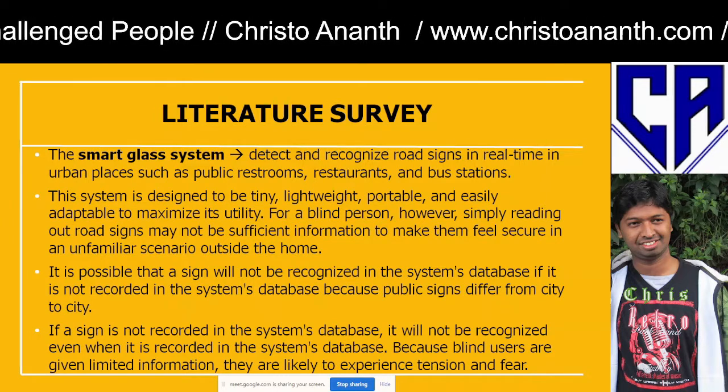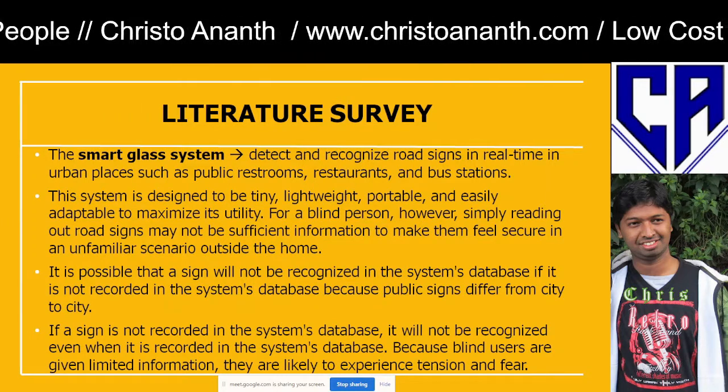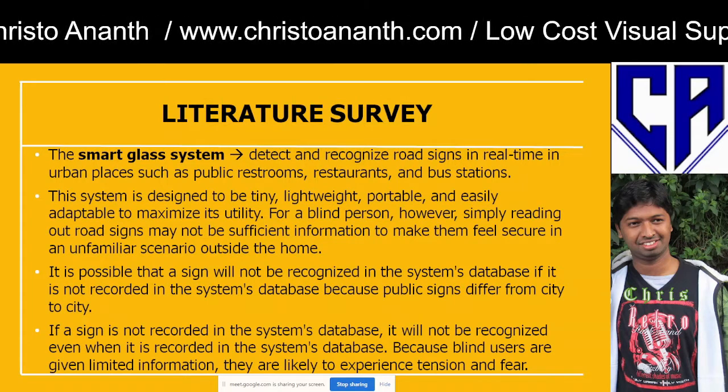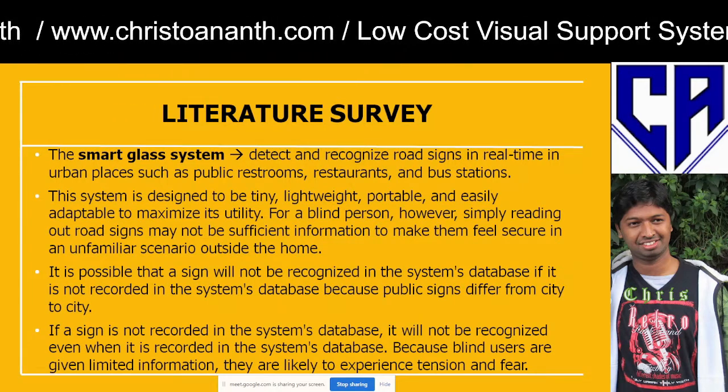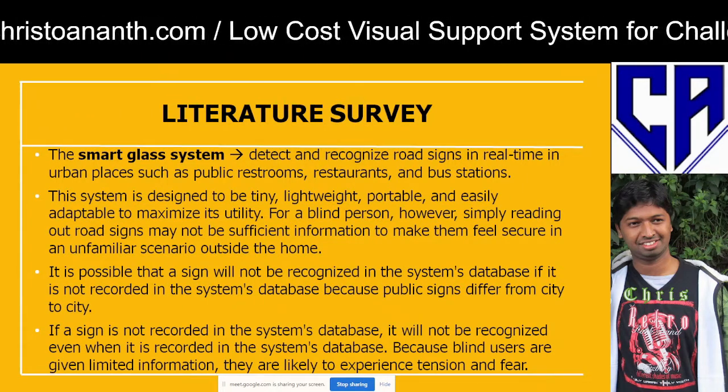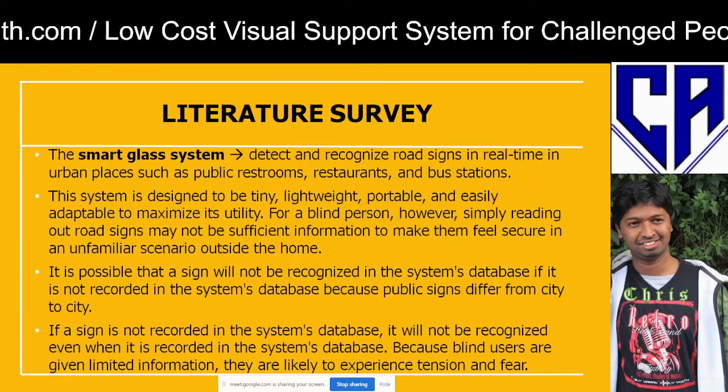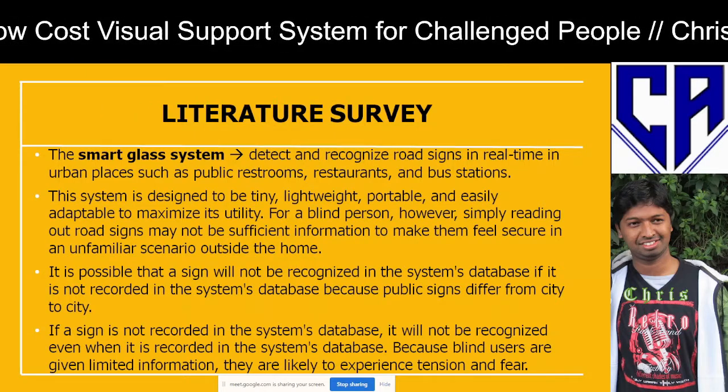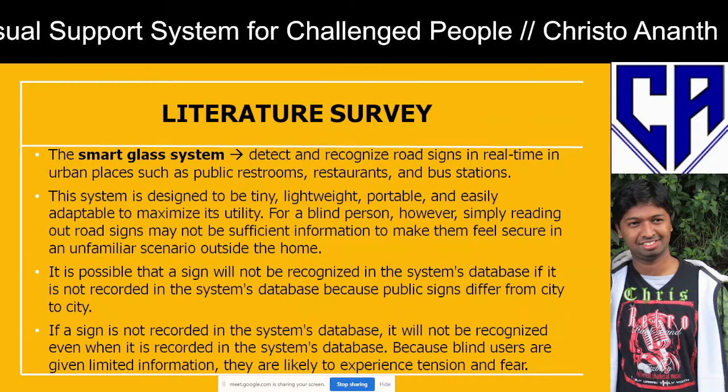And in order to support and help a blind person, generally simply reading out the road signs might not be sufficient, and it still feels insecure, or maybe in a not very familiar scenario.